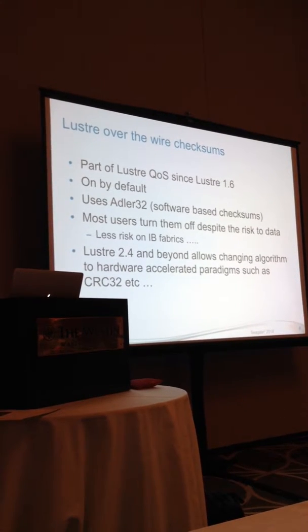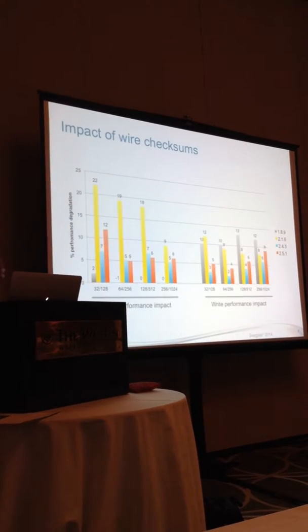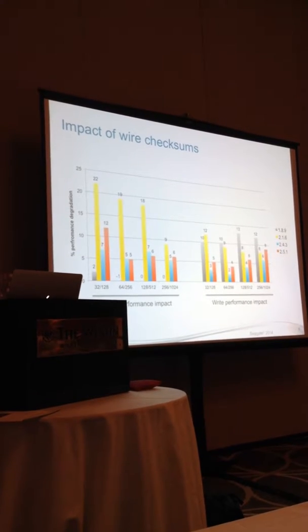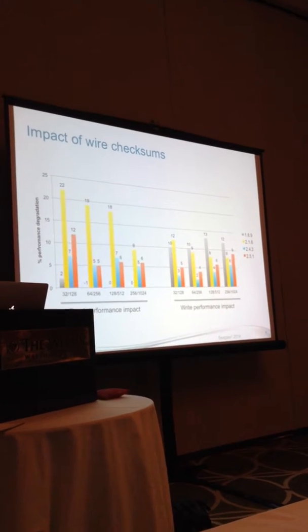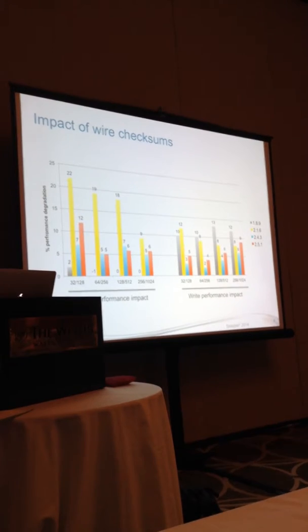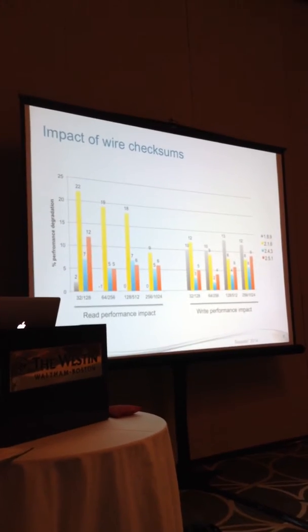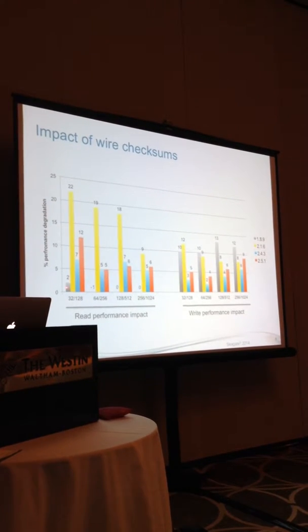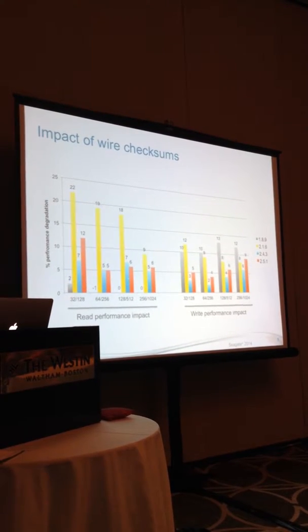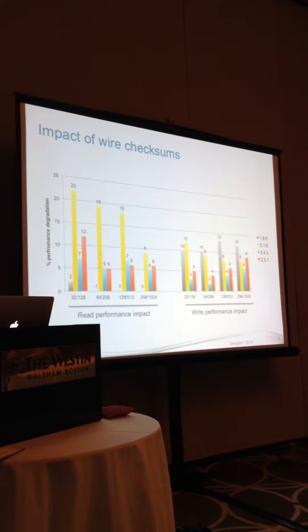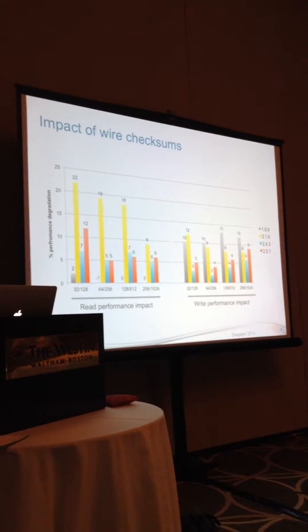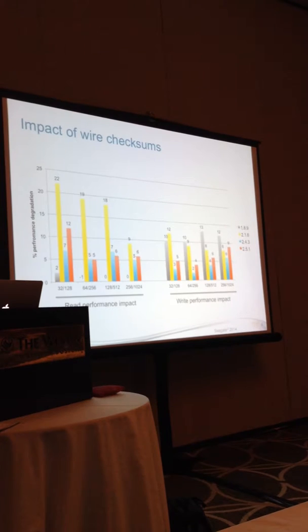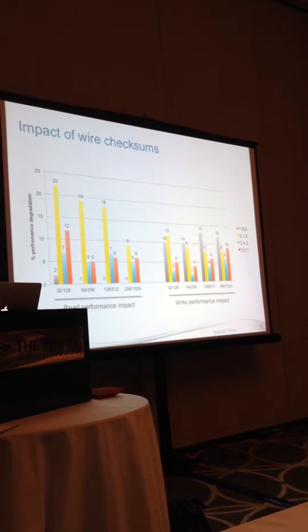However, we did map the performance impact of reads and writes using checksumming over different clients. As you can see, if you look at the 1.8.9 client, at least on read performance, it has an almost negligible impact. You can't really see it. On writes, it goes between 10 to 12%, depending on what tuning parameters you use.